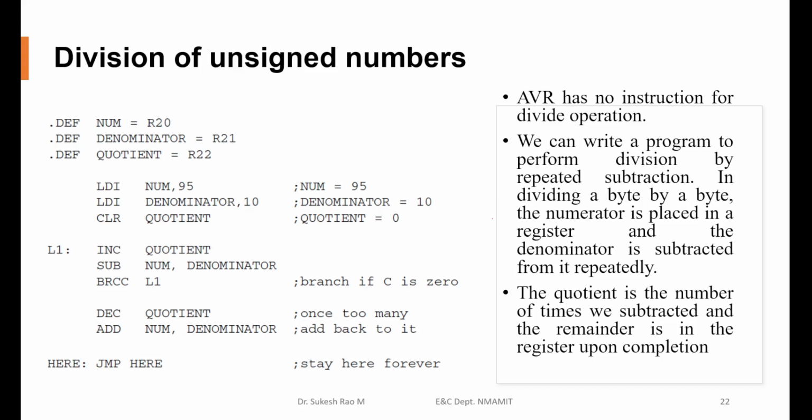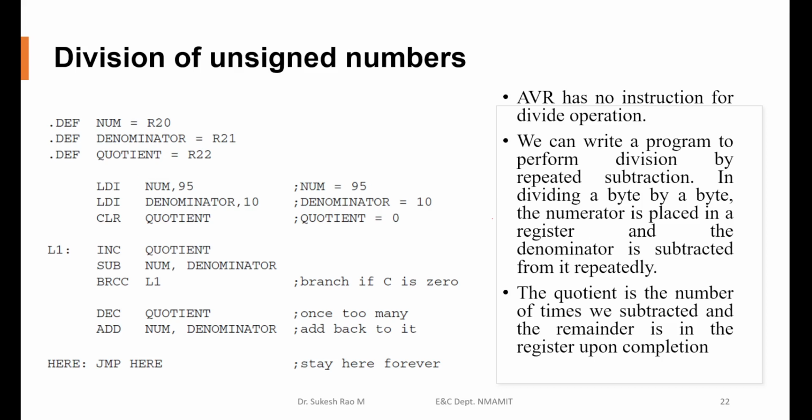So num is declared as R20, which means wherever you use num in the program, it will be replaced by R20. It is a property of your assembler that takes care of it. But in reality, when it comes to machine language, there is no way you can handle these names. They are converted, and only the exact register has to come for conversion.